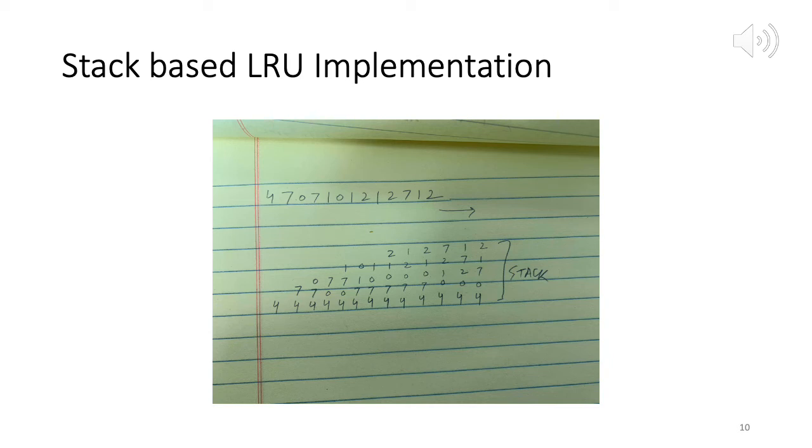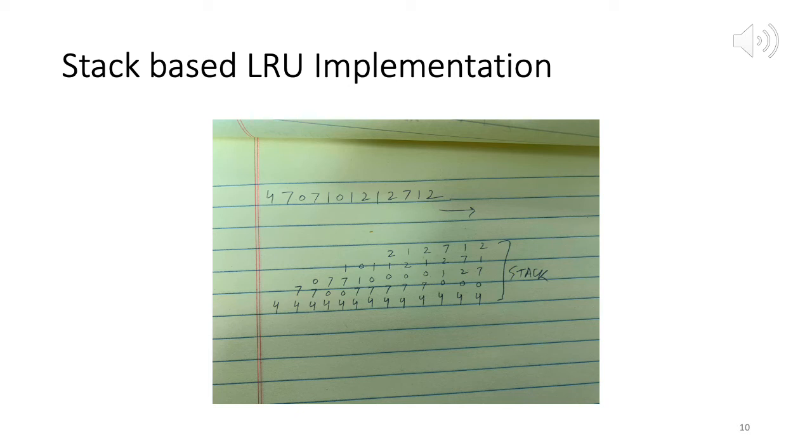So the idea here is whenever you have a reference to a page, that page goes to the top of the stack. If it's a new reference, it's just added to the top of the stack. If the page has been referenced before, it will be in the stack, so it has to be moved to the top and other elements have to be rearranged.